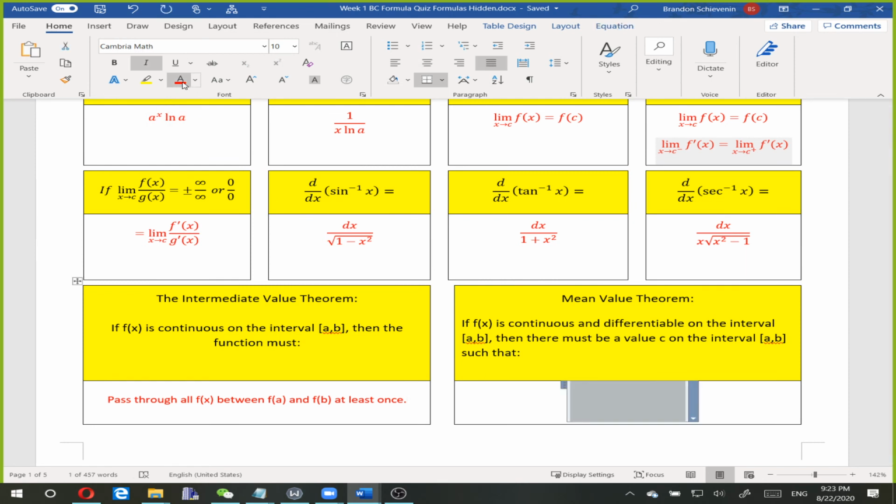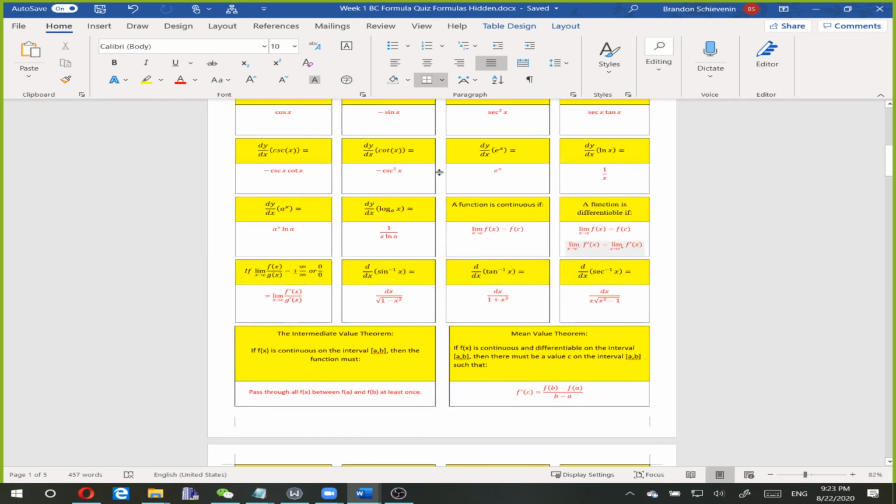Perfect. So if I wanted to say that in words, your derivative is equal to your average slope between these two points. So it's our derivative at point C is equal to the average slope between A and B. You could also say this in words, saying that the slope of the tangent line at C is the same slope as your secant line between A and B. Okay, any questions on anything from the first page of formulas?